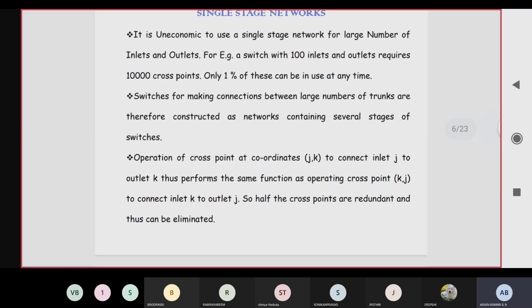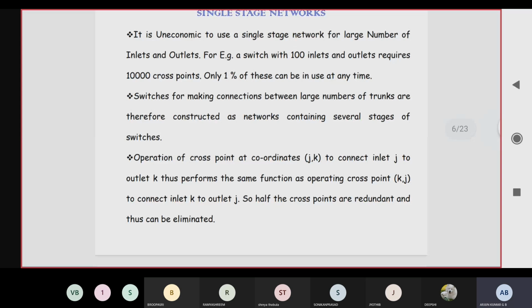For 100 inputs, we get 10,000 crosspoints. Suppose we take an example, 10 inlets, how many crosspoints will we get? 10 squared is equal to 100 crosspoints. See, in the total 10,000 crosspoints, at any particular time we can use only 1% of the crosspoints.